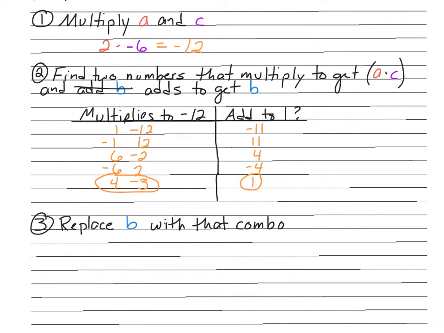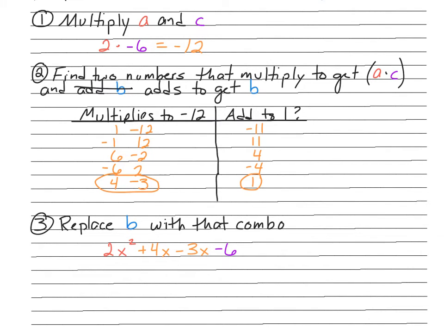So what that's going to look like is I'm going to have my 2x squared, and instead of b, I'm going to put plus 4x minus 3x. Eventually I will put it in parentheses, but for right now, I don't have to.